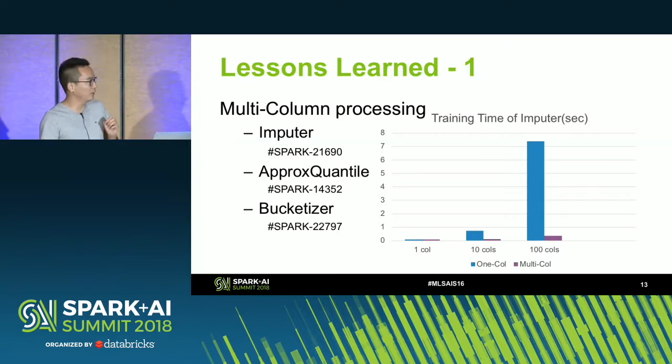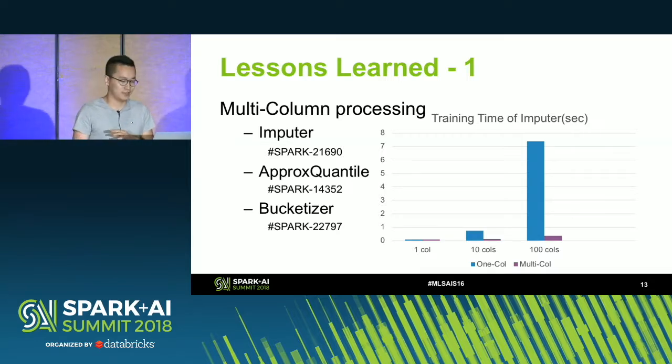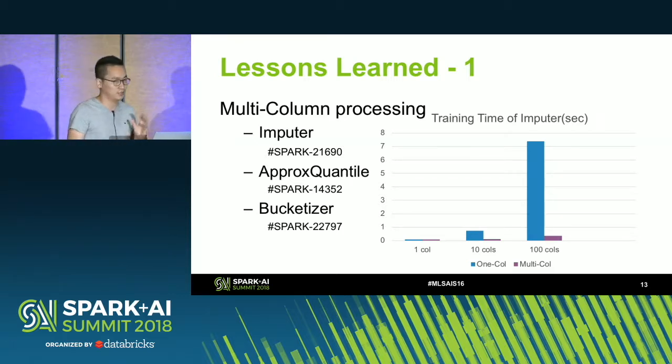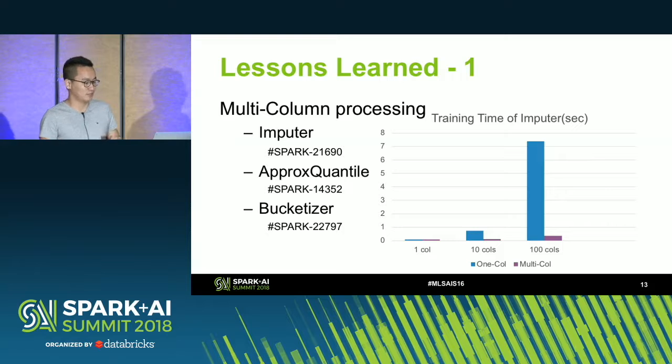So recently we worked together with JD and other community members to optimize the feature preprocessing steps. Almost all the feature transformers in MLlib currently support running multi-column transformation at the same time. This can save a lot of time. You can see from the diagram.